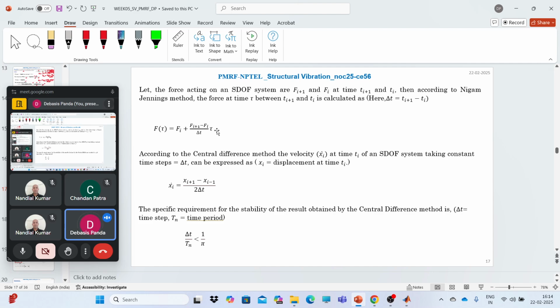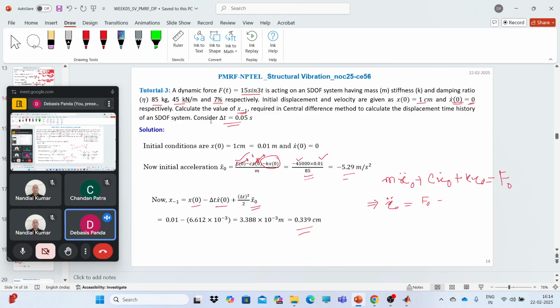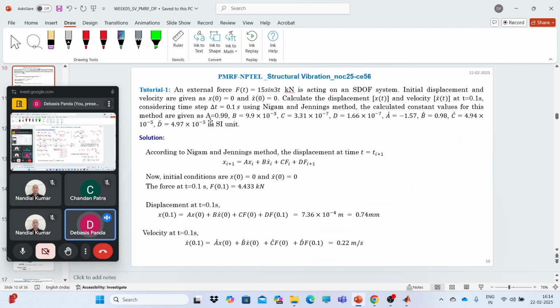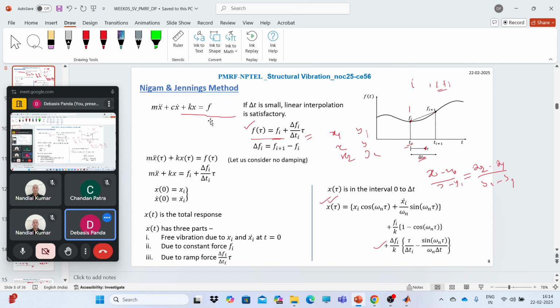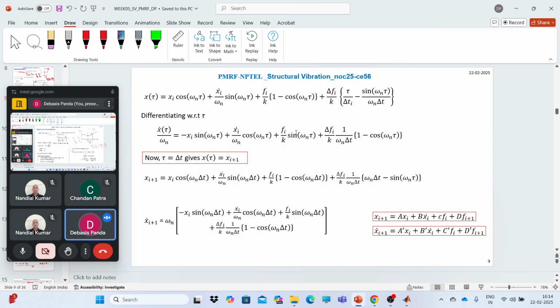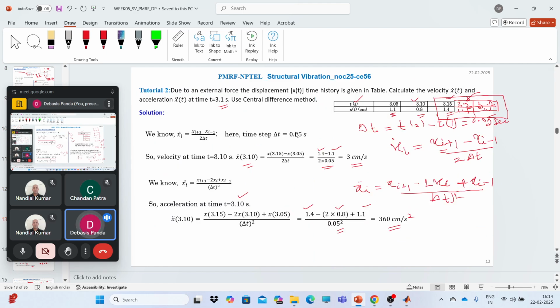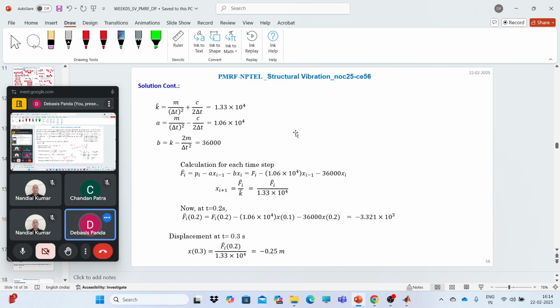So if we do the linear interpolation between Fi and F(i+1), at tau we get Fi plus (F(i+1) minus Fi) by del t into tau. Like at the very beginning we discussed for the model of the force here, Fi plus del Fi by del t into tau. Simple. So that will be the answer for it.